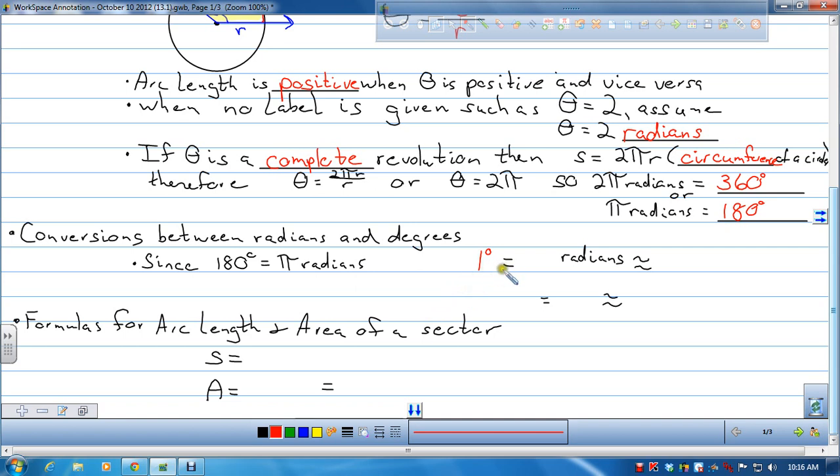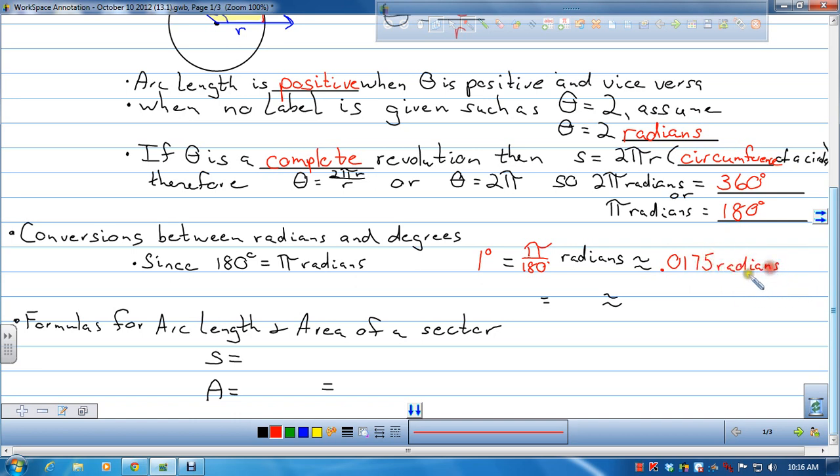So 1 degree is going to be equal to pi over 180 radians. And that is about, if you're talking about a decimal, about 0.0175 radians.